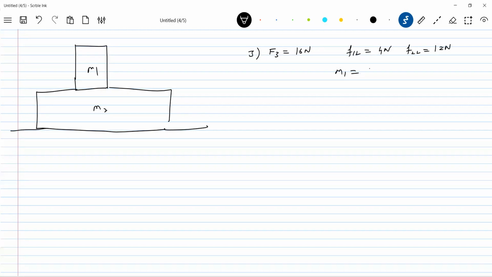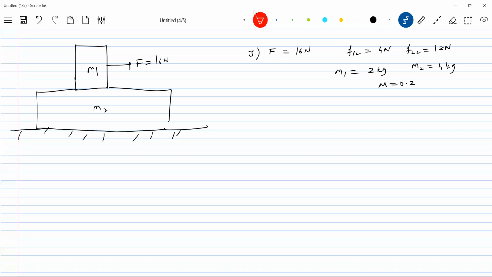I think we have lost our values. M1 2 kg, M2 4 kg, mu, what happened? It was 0.2, sir. Yeah. So we applied a force here like this. This will be F equal to 16 Newton.